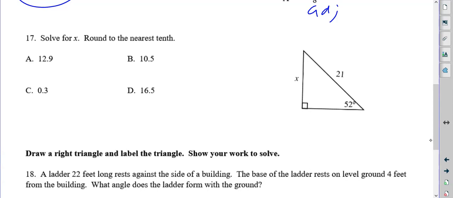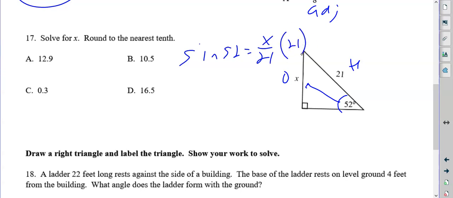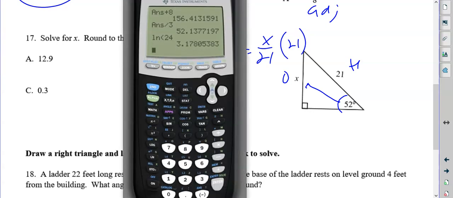Now this is what I'm solving for x. So what do I have from here? This is my opposite. This is my hypotenuse. So we just talked about that being sine. Sine of 52 equals opposite over hypotenuse. My x is on the top. It's being divided by 21, so I need to multiply by 21 on both sides. So I take my calculator.